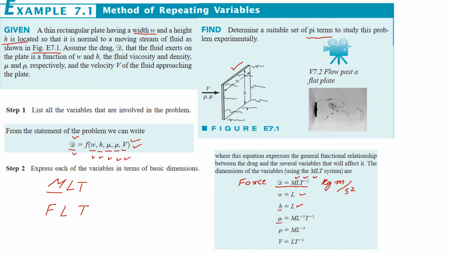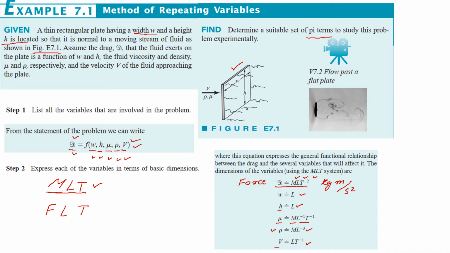These are the basic dimensions of our viscosity, the dynamic viscosity. These are the basic dimensions of our density, and the basic dimensions of our velocity. So this was our step 2, in which we have to identify these variables with respect to their basic dimensions, and we have to follow one system, and that system was our MLT system of basic dimensions.